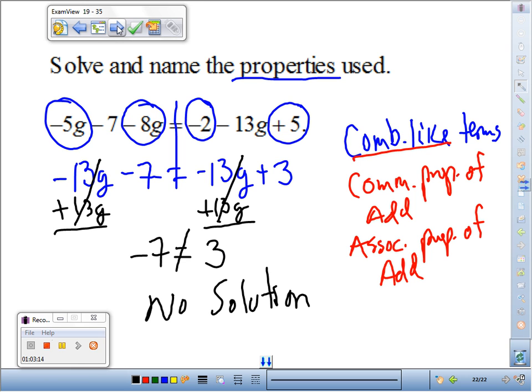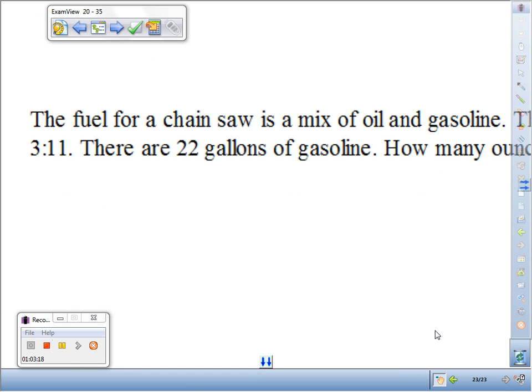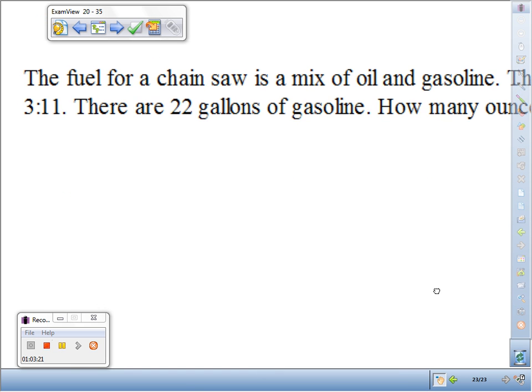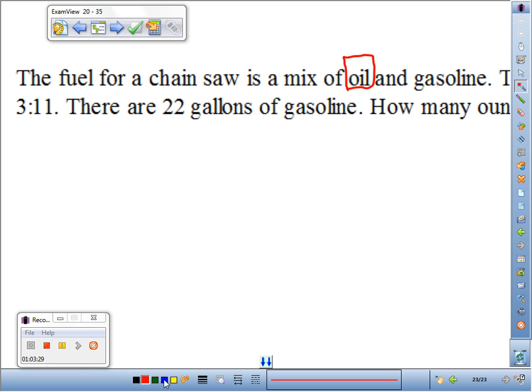Continue, number 20. It says, the fuel for a chainsaw is a mix of oil and gasoline. What is the first one that they mentioned? Oil. What is the second?